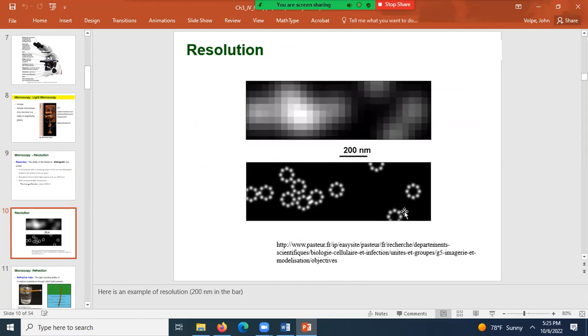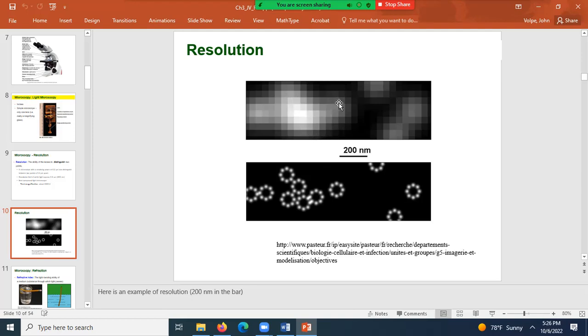I'm not sure, it doesn't really matter. But the point is you can observe 2 different structures here, so that these 2 points are resolved. On the other hand, all of these points here are not resolvable.